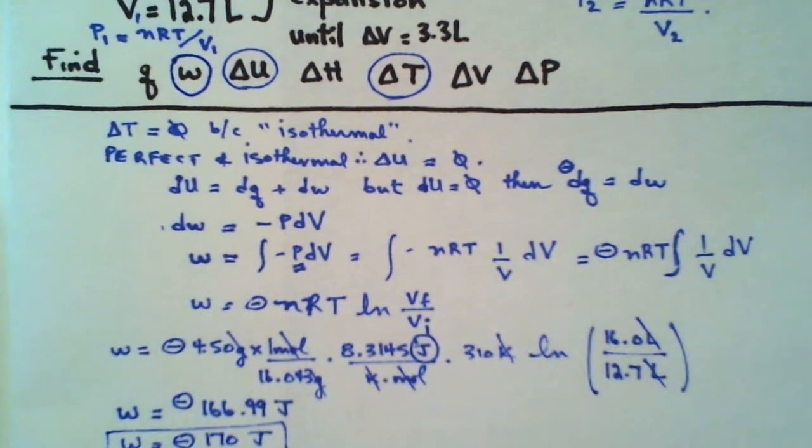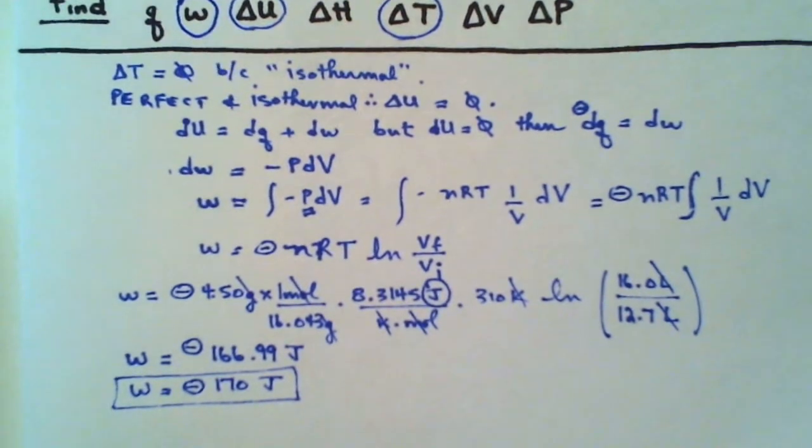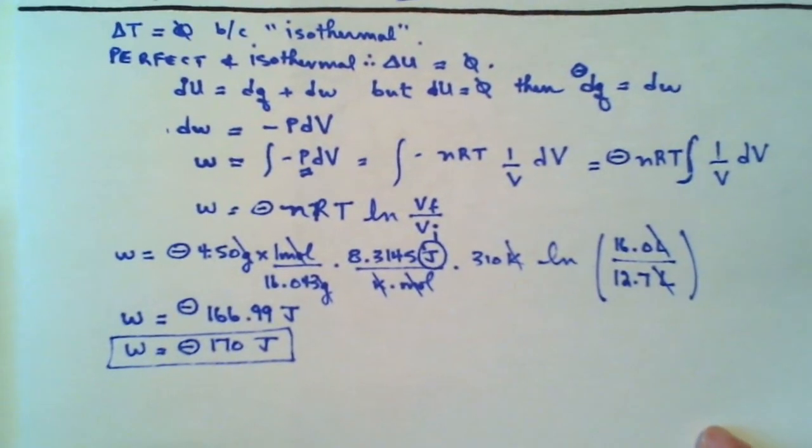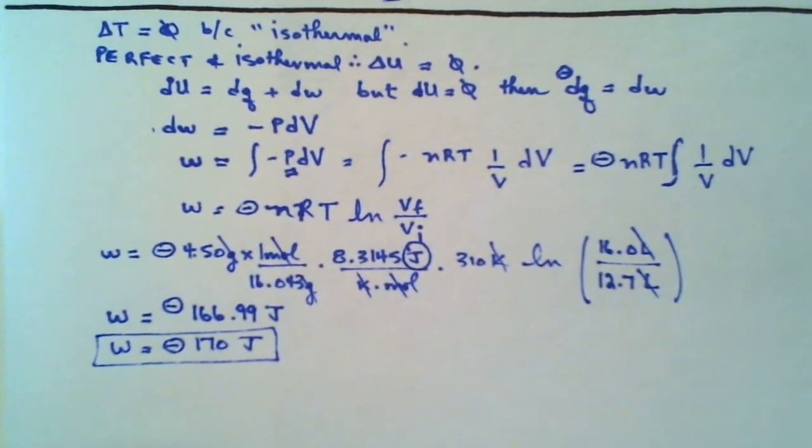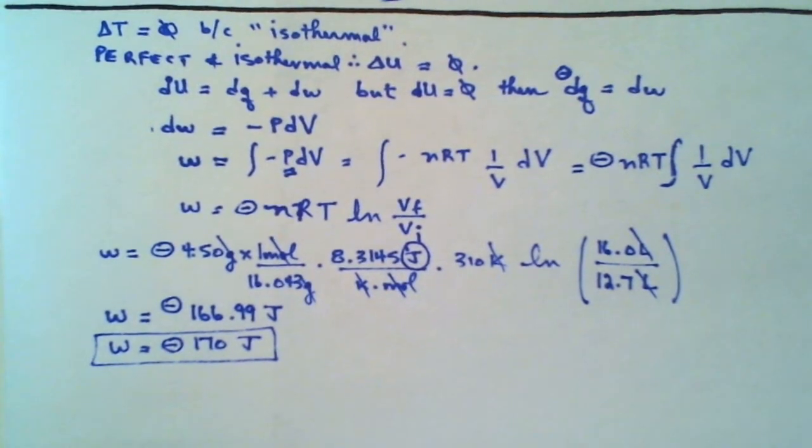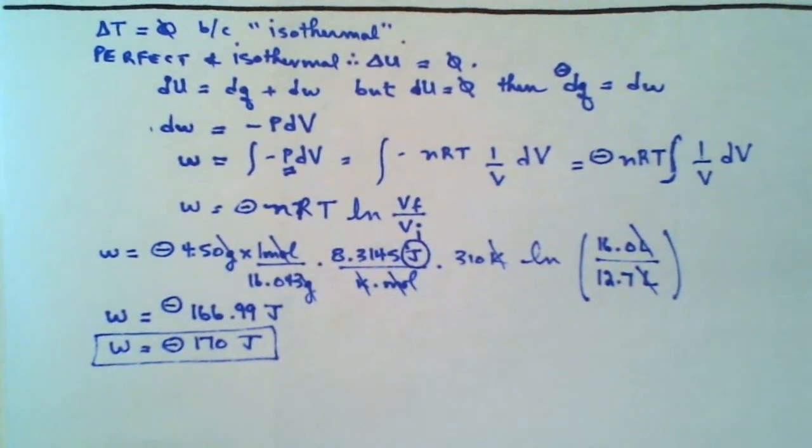Does the negative sign make sense on the work? It does, right? Because this is an expansion, and Q and W, well, everything has a sign that maintains a system's perspective, and so energy is leaving the system as work for expansion, or work is being done on the surroundings by the system.